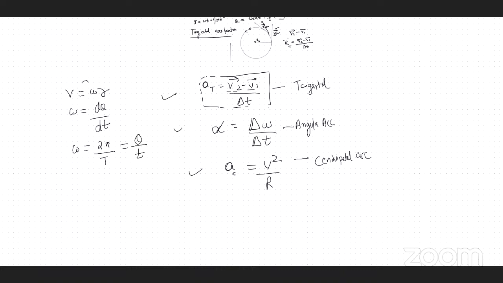If you notice in a circle, if you have a tangential velocity and a velocity towards the center, for example, this is your AT and this is your centripetal. These are at right angles to each other, by the way. So you can find a resultant for them also.